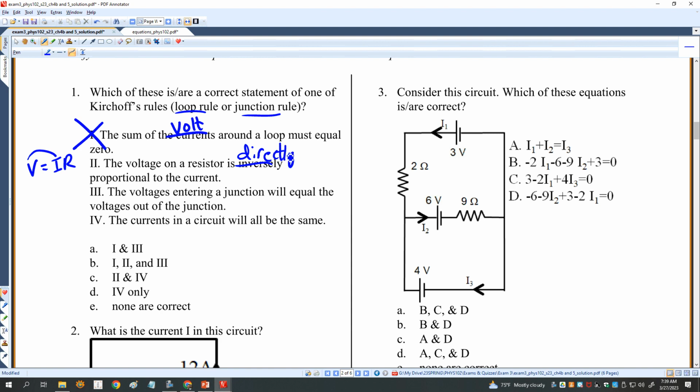The voltages entering a junction will equal the voltages out of the junction. So it's the currents that will equal the currents out. That's the junction rule. The currents in a circuit will all be the same. No, probably not. Most of the time, not for a multi-loop circuit especially. So E is the right answer.